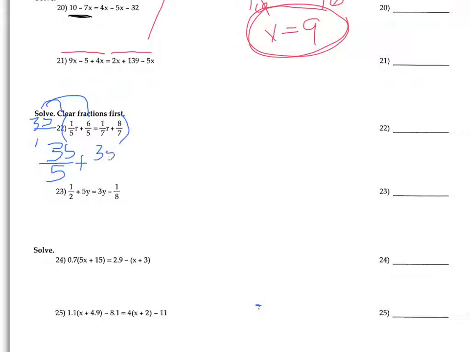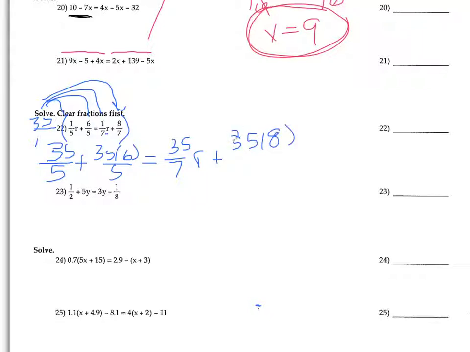I'm just going to say it's 35 times 6 over 5 equals, the 35 comes in over here, 35r over 7. And then when we distribute this last one, I'm not multiplying the 35 by the 8. So this is a 35 times 8 over 7.